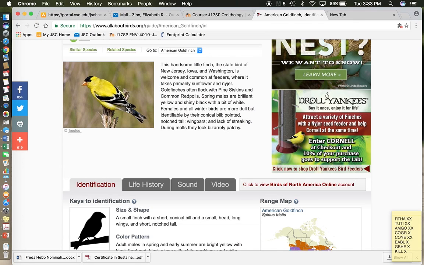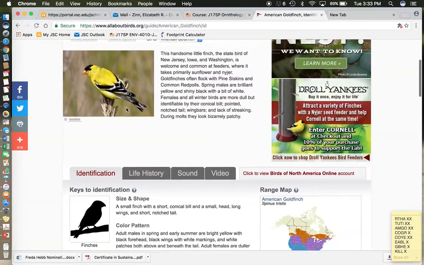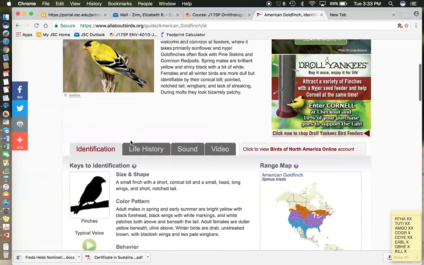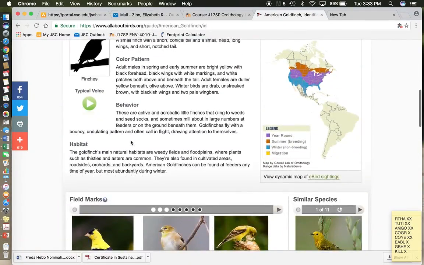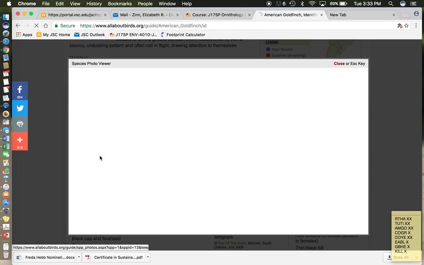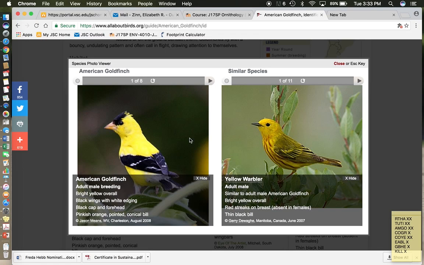Very distinctively colored bird in its breeding plumage. And again, I will only ask you the breeding plumage bird, even though they're pretty easy to identify even in their winter plumage. Here's another look at a male in breeding plumage here.